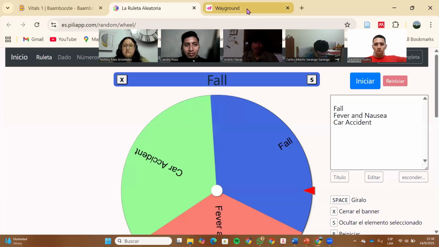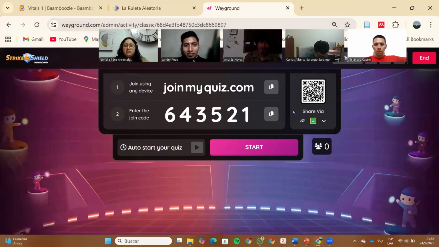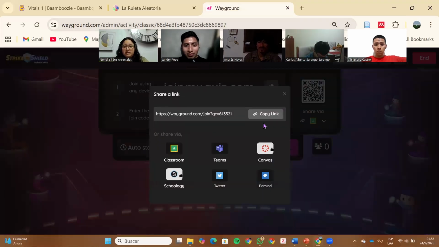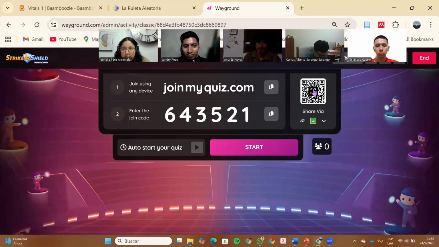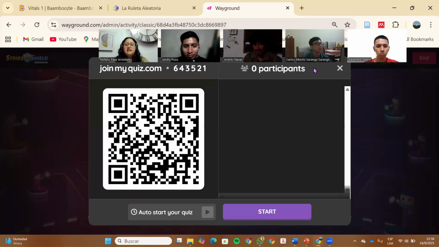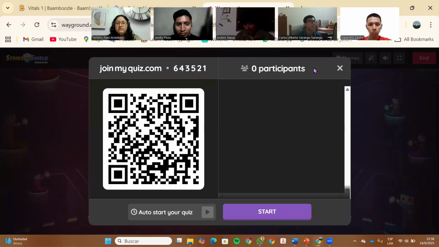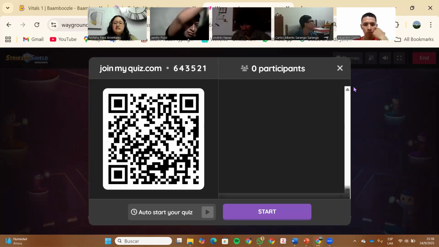I'm going to move on to the quiz, and you can join if you scan this code. You can scan this QR on your phone and enter the quiz. Miss, sorry, my cell phone is dead.